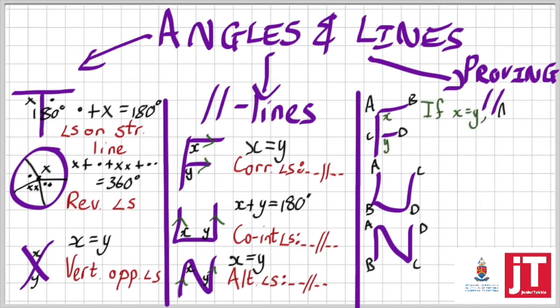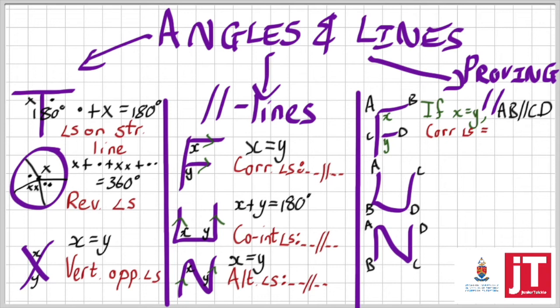Well, now, if X and Y are equal, then AB is parallel to CD. Why are the lines parallel? Because corresponding angles are equal. Look at the change in reason. Here we don't say the sides are parallel. The reason is now because the angles are equal, therefore the sides are parallel.